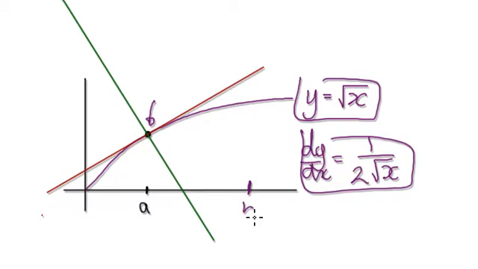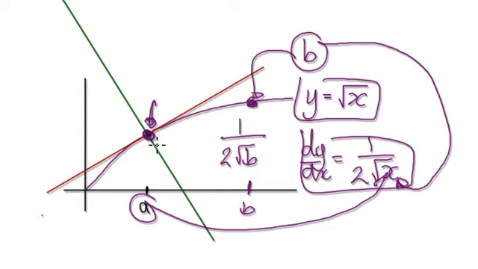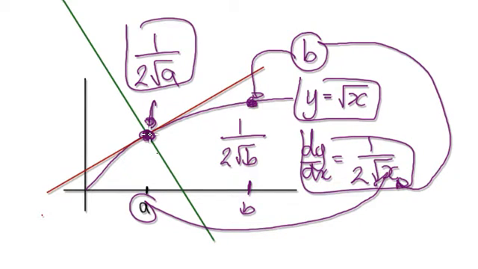Suppose you're here at b, then the gradient at this point would be by putting b into here. So that would be 1 over 2 root b. But because we want to know the gradient at this point, we will put a into here. So the gradient at this point will be 1 over 2 root a.